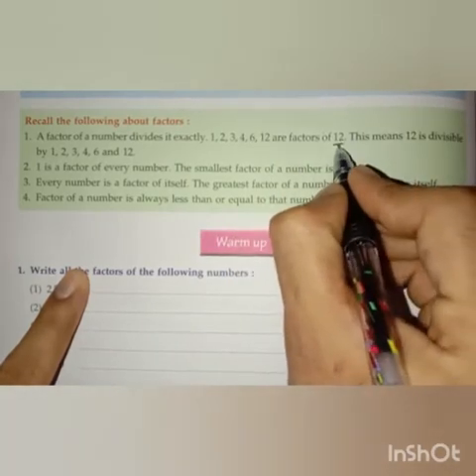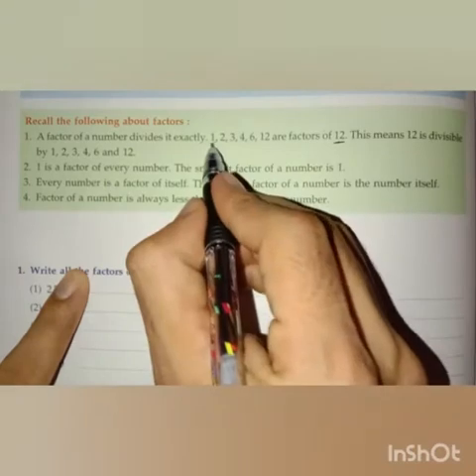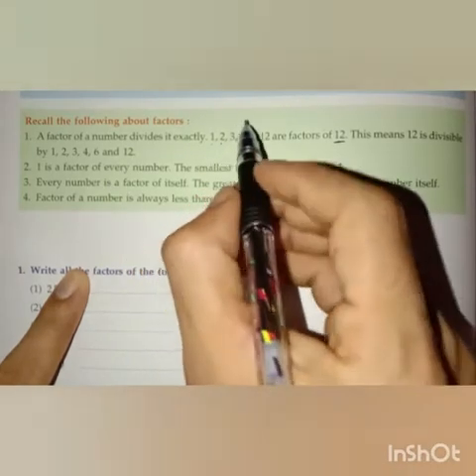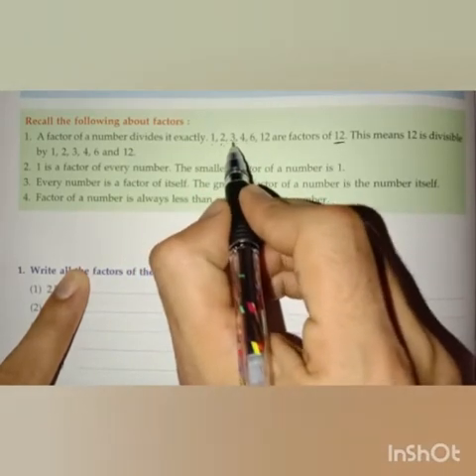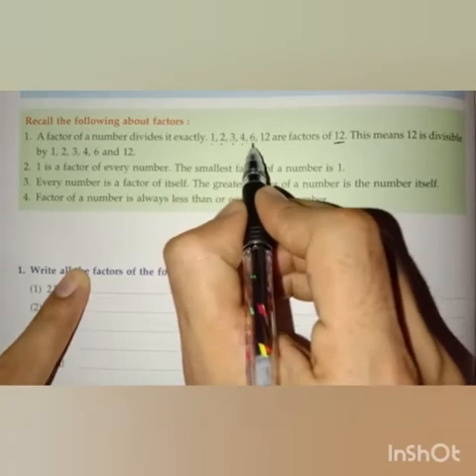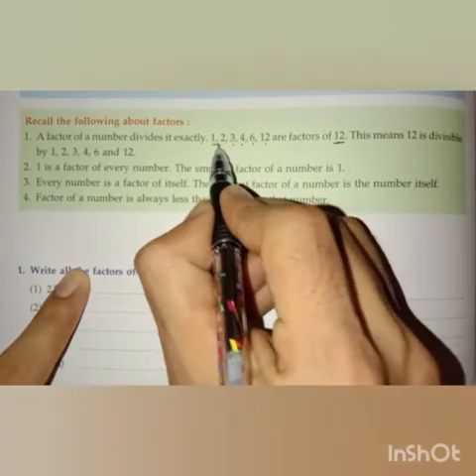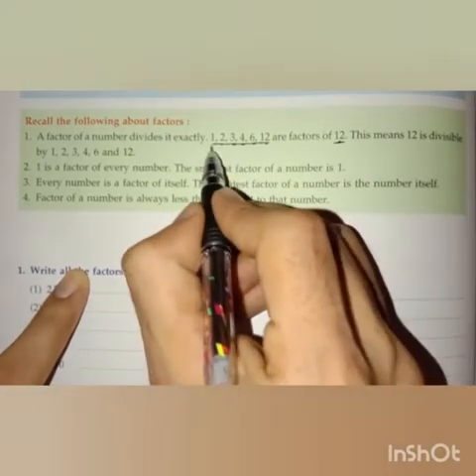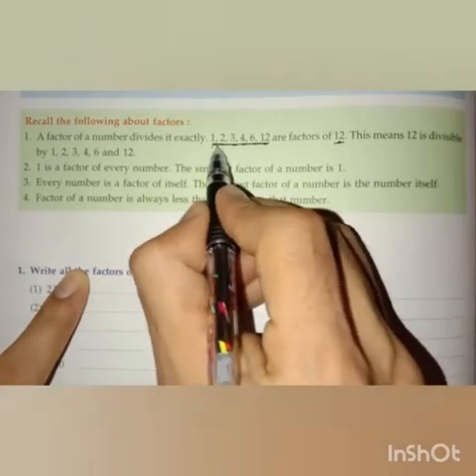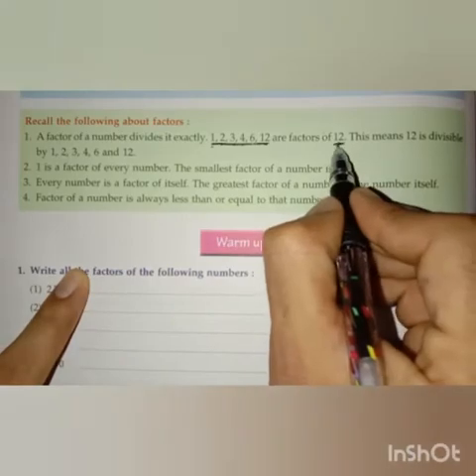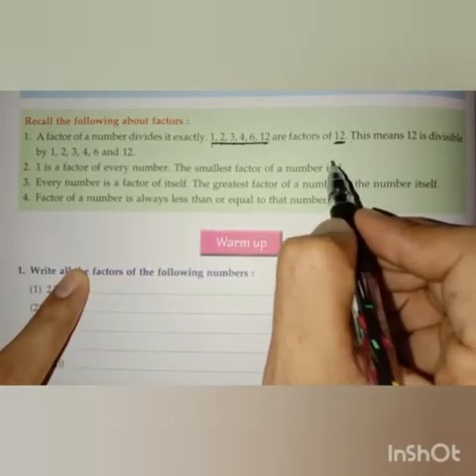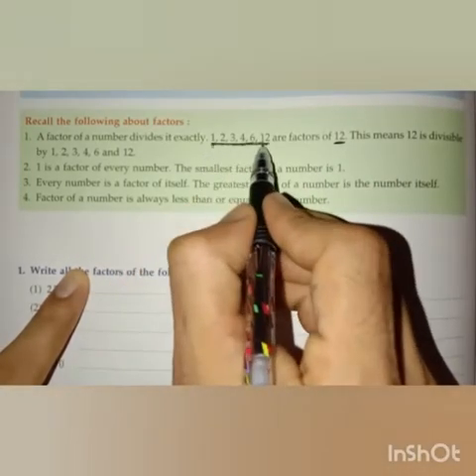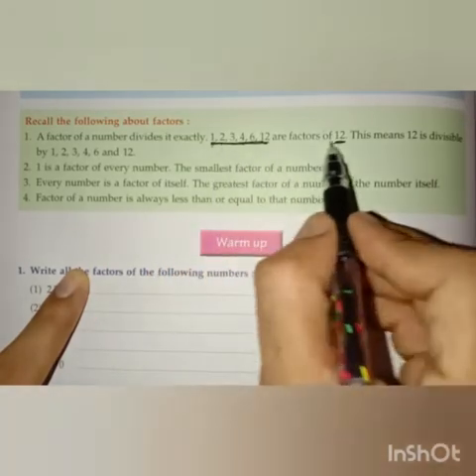So 12 is divisible by 1, by 2, by 3, by 4, 6 and 12. Other than these numbers, 12 is not divisible by any other number. Got it, children?